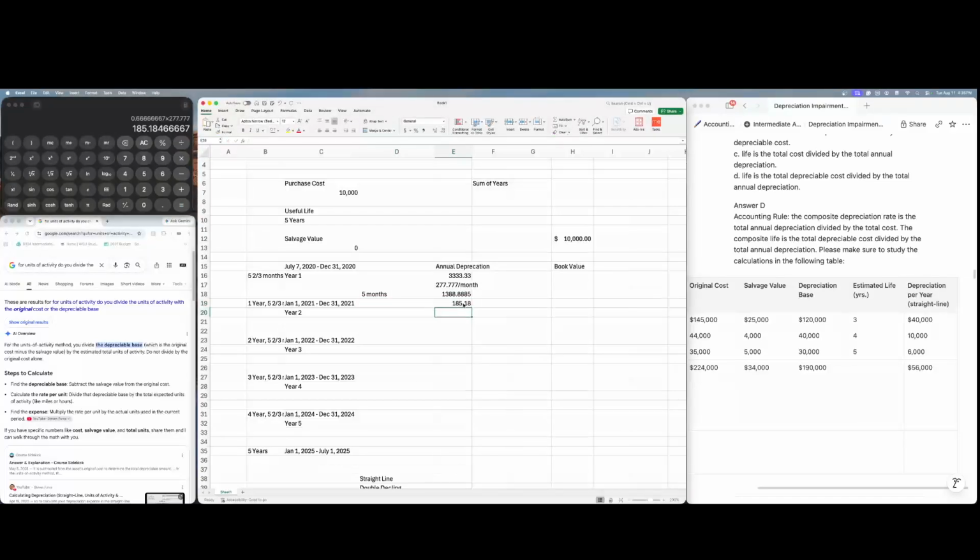So the actual depreciation would be 15,740.073 for that month, right?